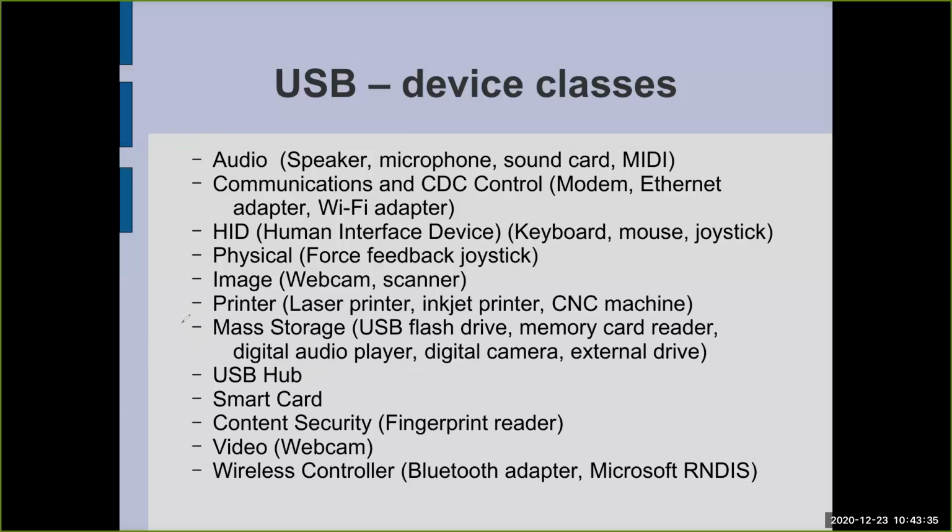Okay, on the opposite side, we have the mass storage device. So if a device is classified as a mass storage device, the transfer time is not guaranteed. So there is no guarantee that this device will be handled every 1 millisecond, but this device can stream a lot of data, and the data consistency is guaranteed.